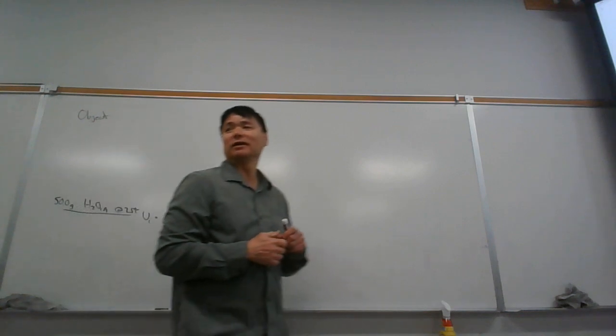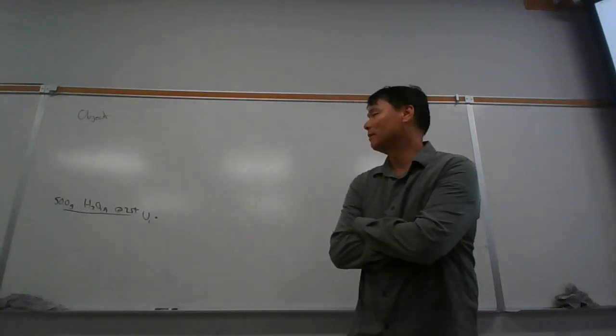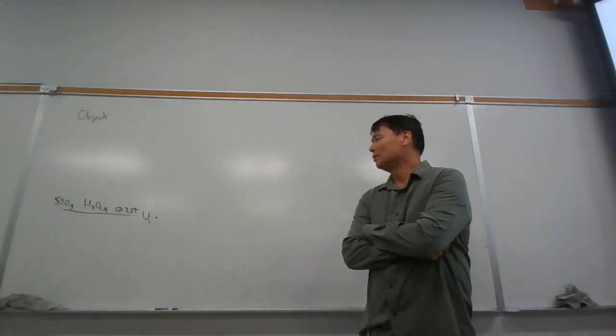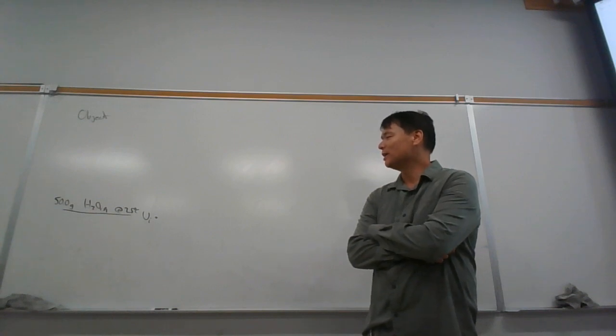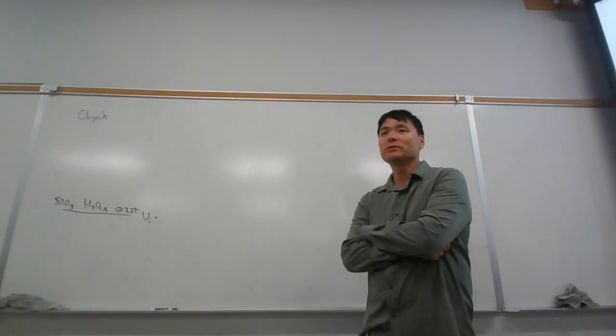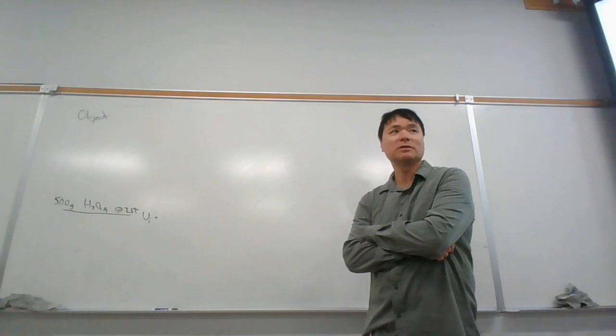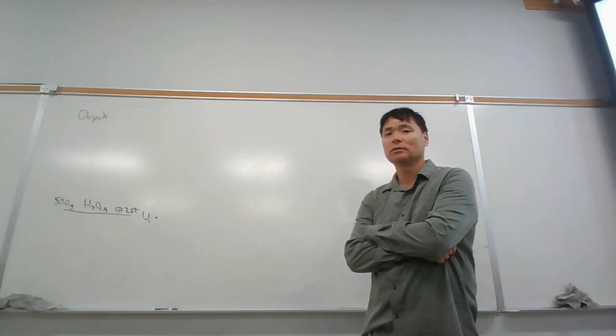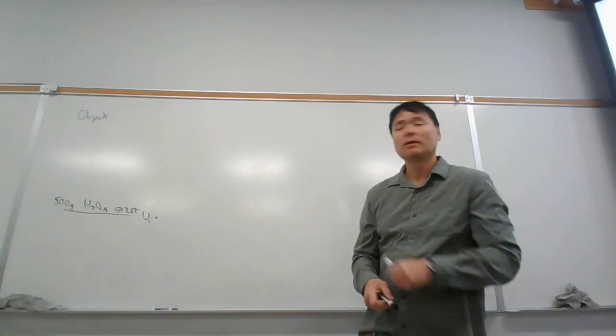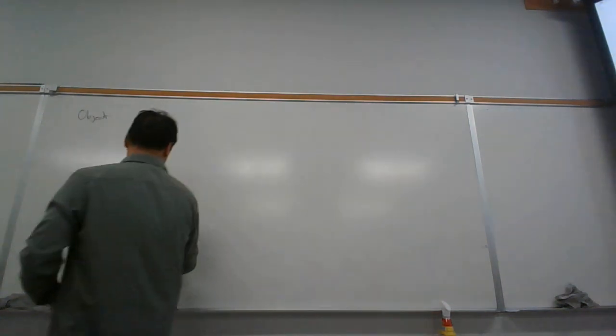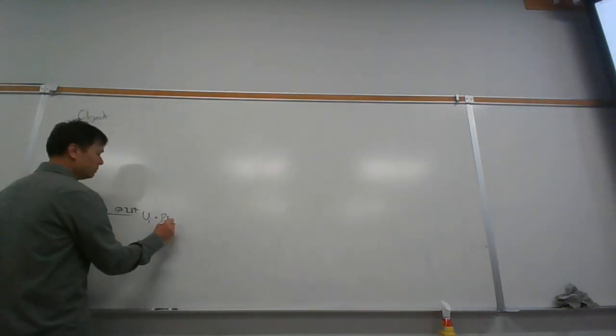Eventually it'll equal that, but it's not U. There's no change yet. This is what we call absolute internal energy. The absolute internal energy is equal to the potential energy plus the kinetic energy.